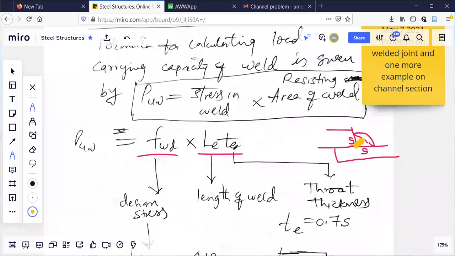In some textbooks they have shown it as TT, and in most textbooks as T. TT and T are the same. Don't get confused, only the symbol or notation is different.